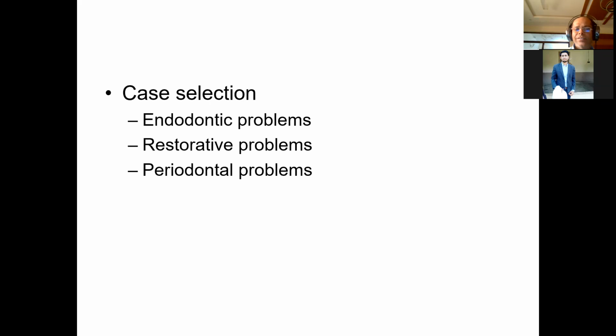restorable. The third thing is more important, the periodontal problem. You have to check the periodontal status of that particular tooth on which you want to do the root canal, whether it is periodontally sound or not, how much periodontal damage there is, and if there is periodontal disease, whether it is treatable or not. So if there is a periodontal problem, how advanced is it. So the tooth can be saved, as we discussed in the beginning, but if there is advanced root bone resorption with grade 3 mobility, the prognosis could be questionable.